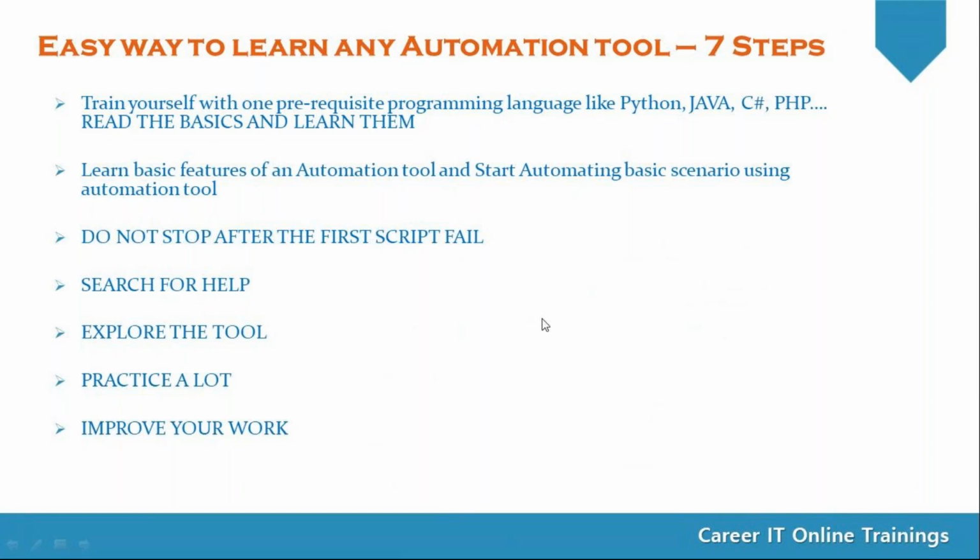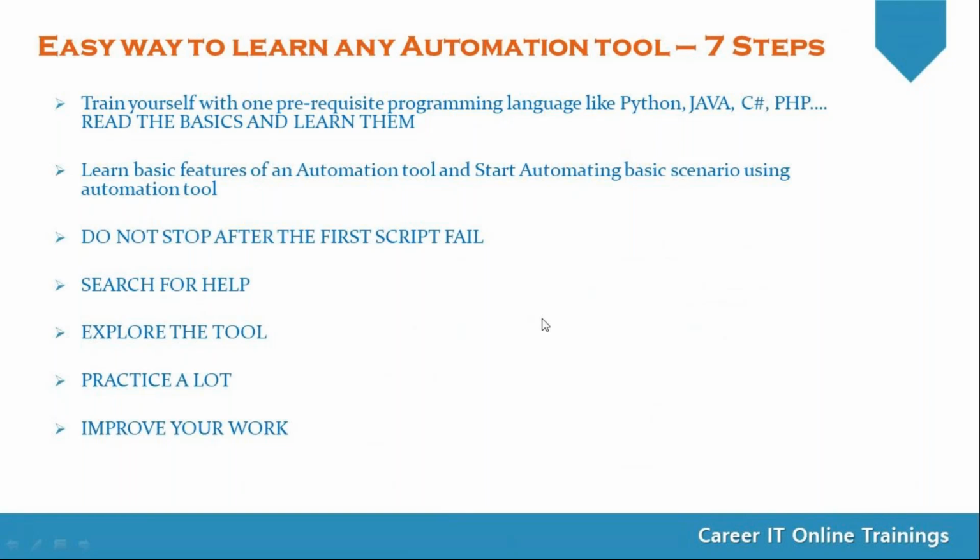Generally, the very first time you write any automation script or automate any simple scenario, and run it, 99% of the time it will fail, guys. 99.9% of the time it fails. Once our test automation script fails, we try to fix the issue.